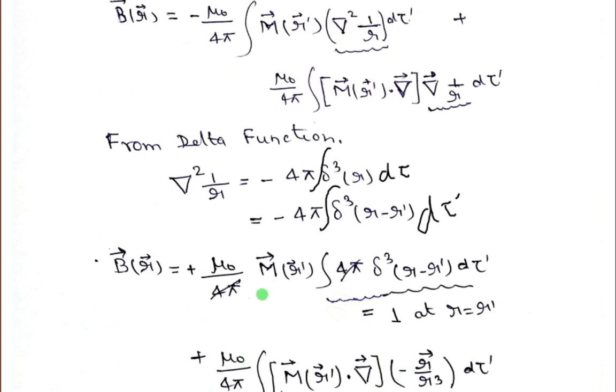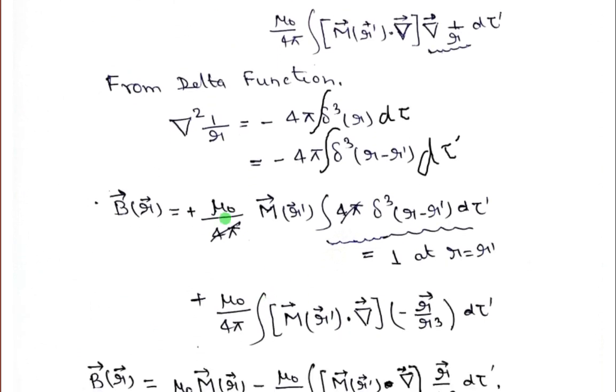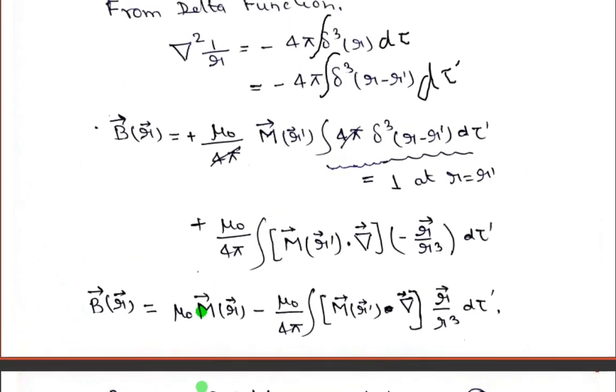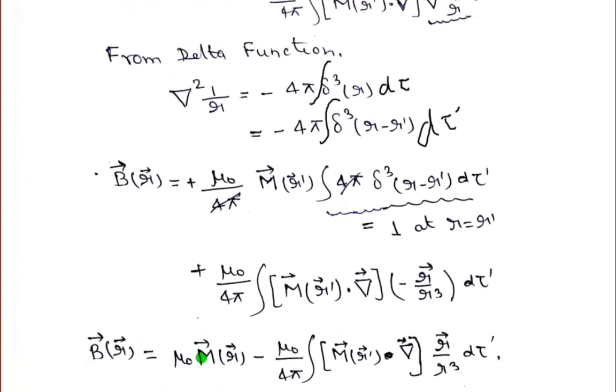Then the magnetic field B at position r will be equal to mu 0, this 4 pi cancels, capital M, which is now a function of r, because r prime becomes equal to r.